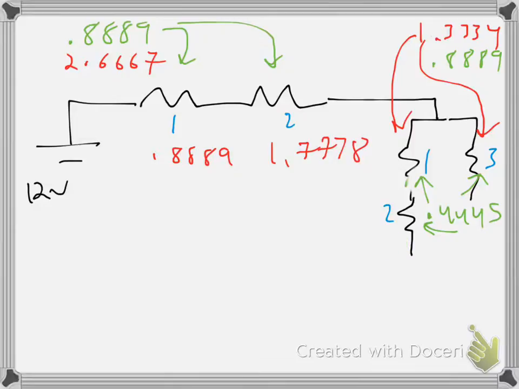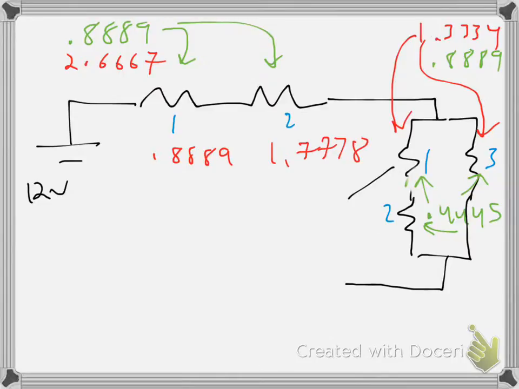So now I know that the 1 ohm resistor is 0.4445, the 3 ohm resistor is 0.4445, and the 1 ohm is 0.4445. What that allows to change is the voltage. So I know that 1.3334 is what went into this resistor, so no need to change anything. However, both of those resistors have to add up to be 1.3334. So let's check it out.